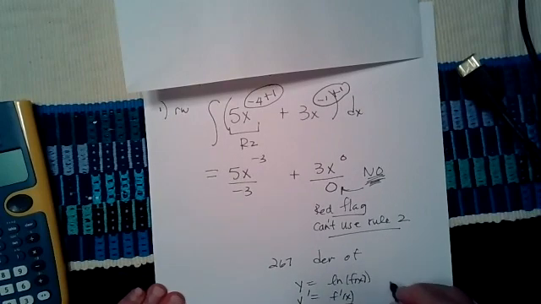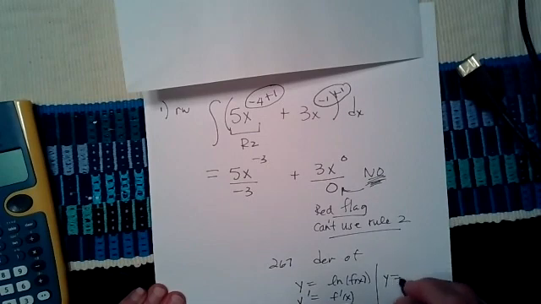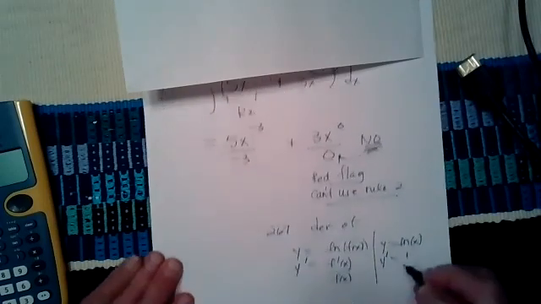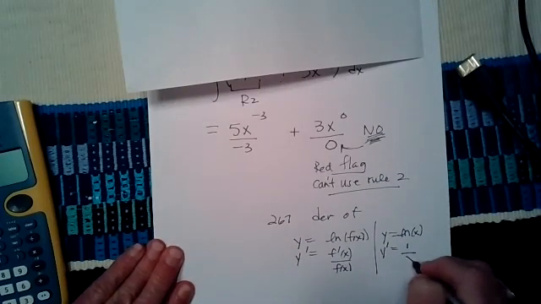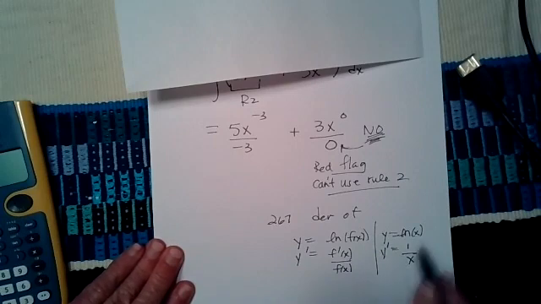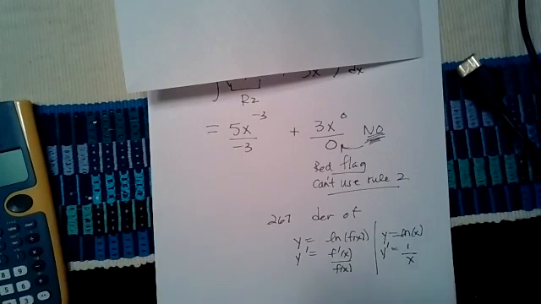So if y is equal to the ln of x, the derivative of that is the derivative of x, 1 over x. So when you integrate 1 over x, you get the ln of x. Because remember, this is a derivative and we're going backwards. And we learned this in section 5 point something at the end of the semester. And it might not have been the best time if it was last semester for you, but there we go.